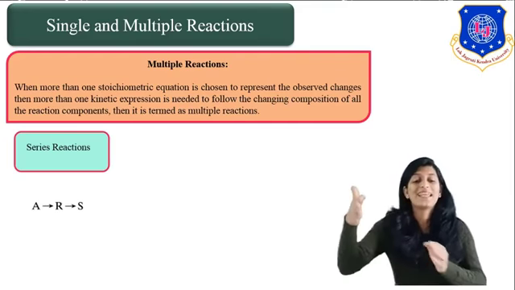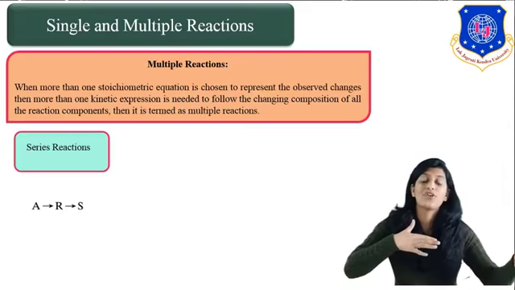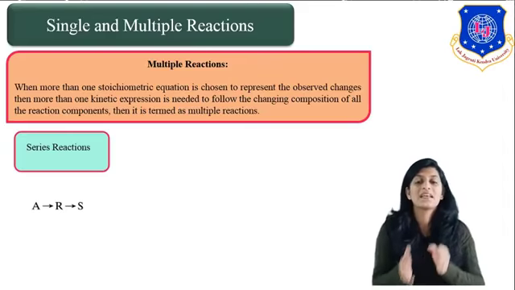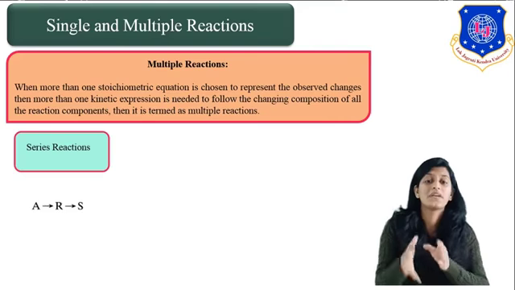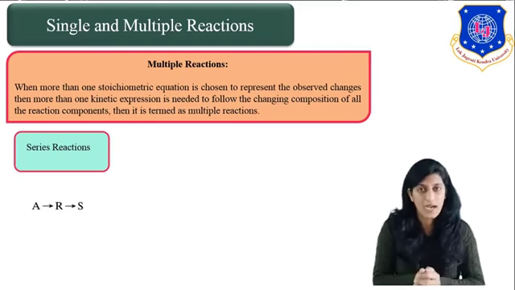But in between A and S, that is in the process of formation of S, there is one time period when R is formed, and R is nothing but an intermediate product, right.